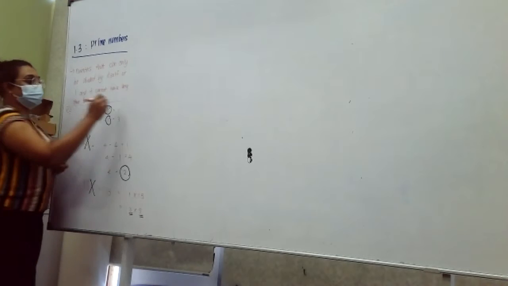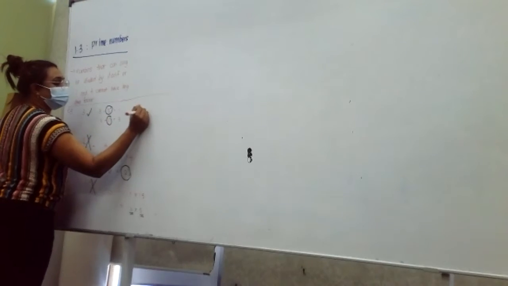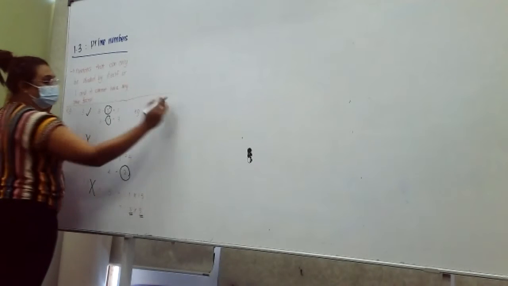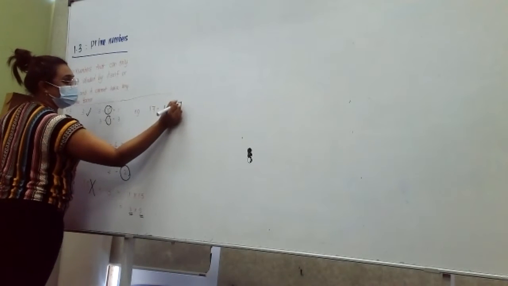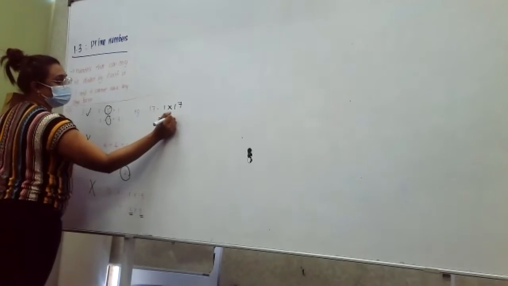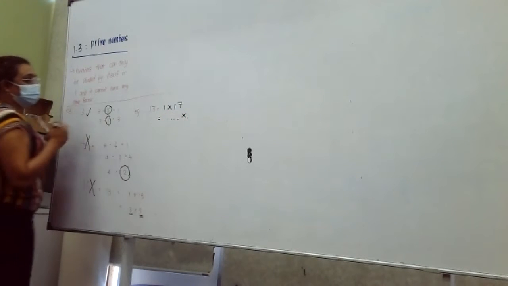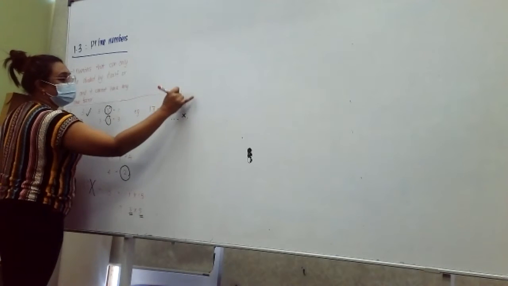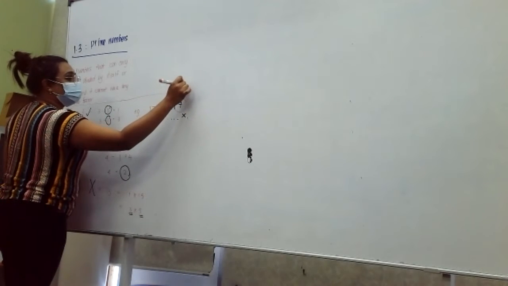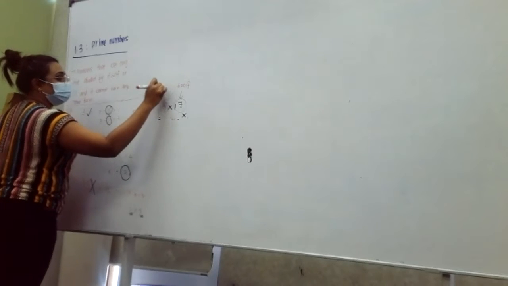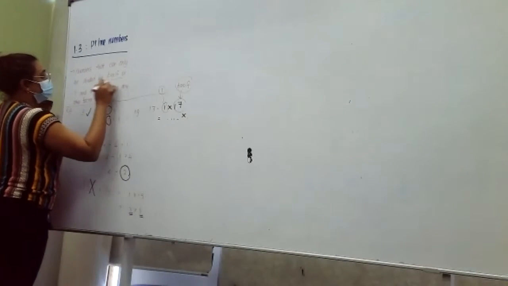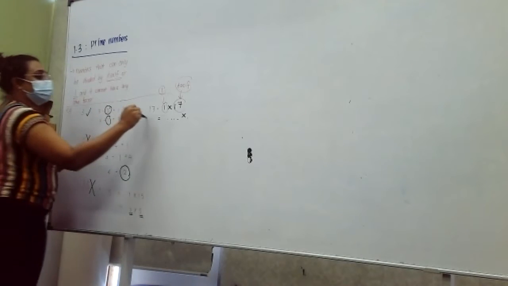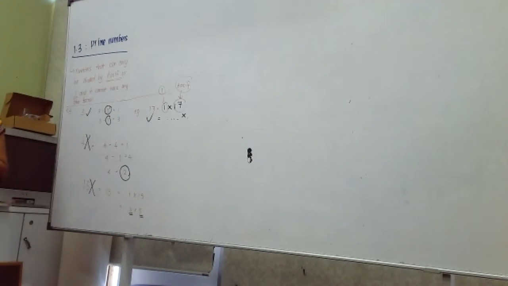Another example, 17. What times what gives 17? There's nothing else, right? So basically we have only 1 and 17, which is itself and 1. So 17 is a prime number.